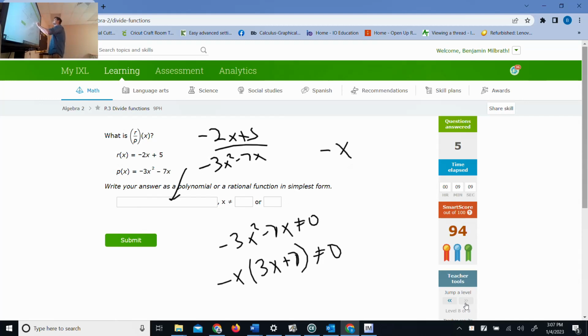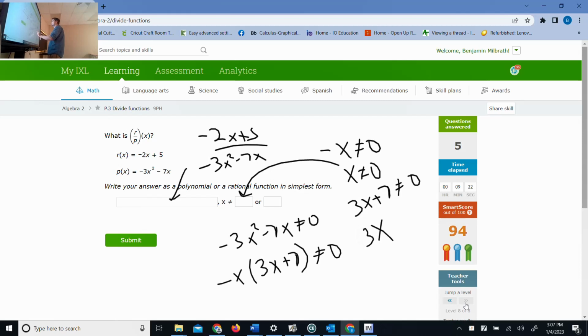So if negative x is not 0, then I know that x is not 0. Put that one right there. If 3x plus 7 is not 0, then I know that 3x is not negative 7, and x is not negative 7/3. And that would go right there.